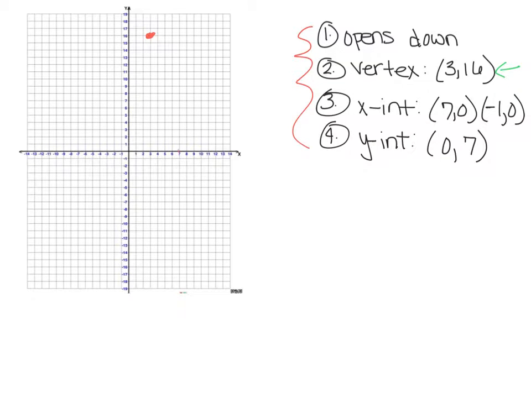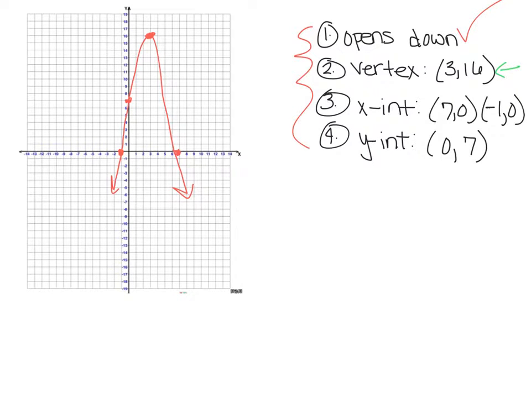So (7, 0), and then (-1, 0). And lastly, we'll plot the y-intercept, which is (0, 7). And then we can draw our U-shaped graph, and we want to check to make sure that it opens down, which it does. And your parabola should go through all of the points that you previously plotted.